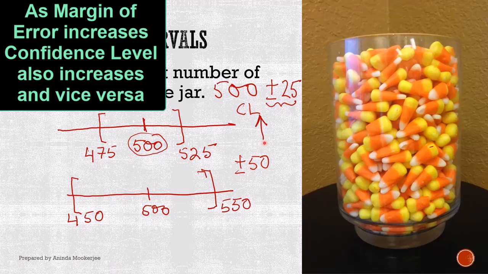It went up a little bit. When the confidence interval was made wider, when we were given a wider margin of error, then our confidence level went up even further than it was when the margin was plus minus 25. Correct? So as we keep increasing the confidence interval, the margin of error also increases.